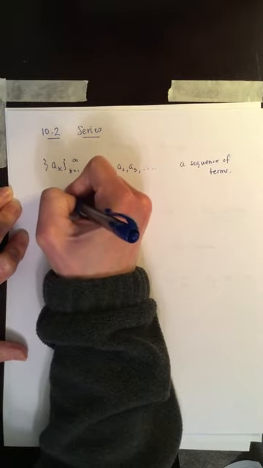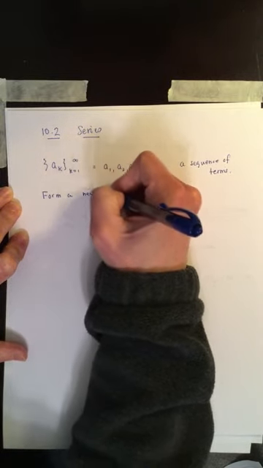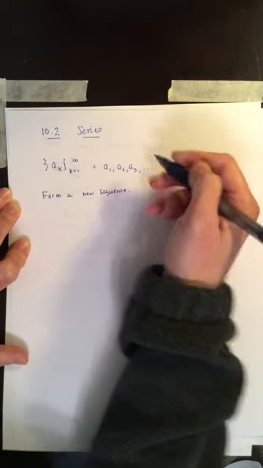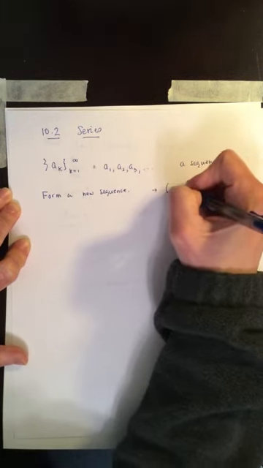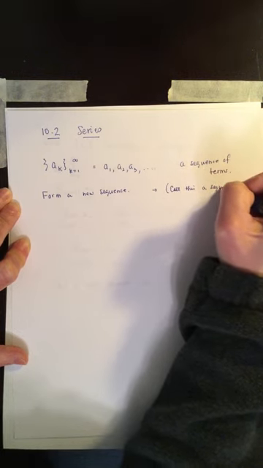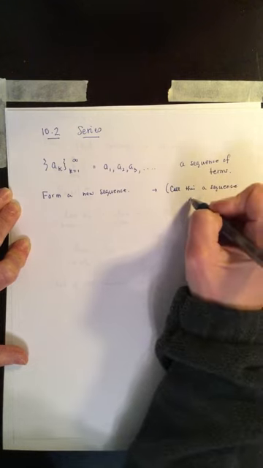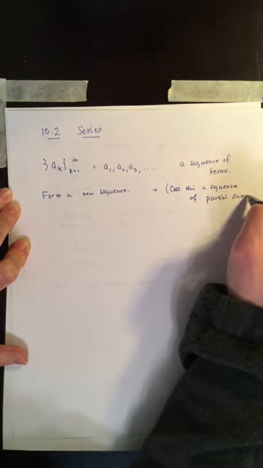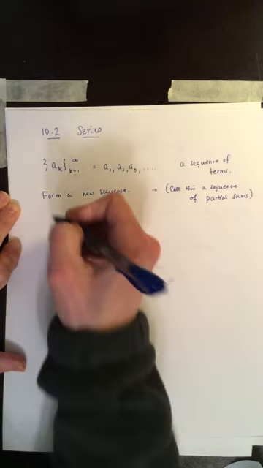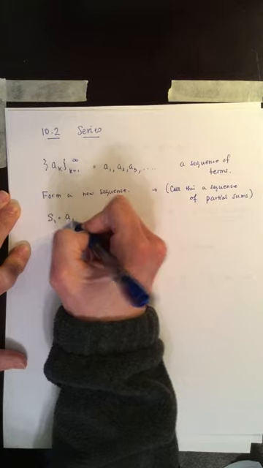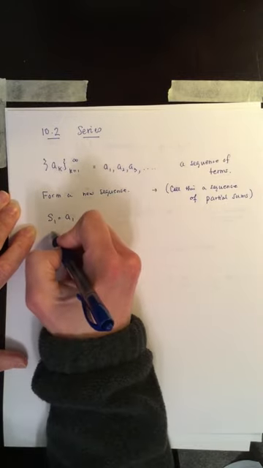Okay. We're going to form a new sequence. And we're going to call this sequence a sequence of partial sums. And the way that we're going to do this is we're going to say S sub 1 is simply the first term, a sub 1.